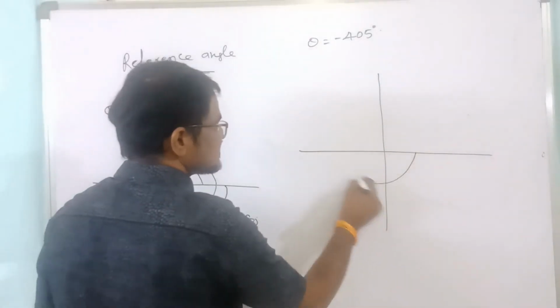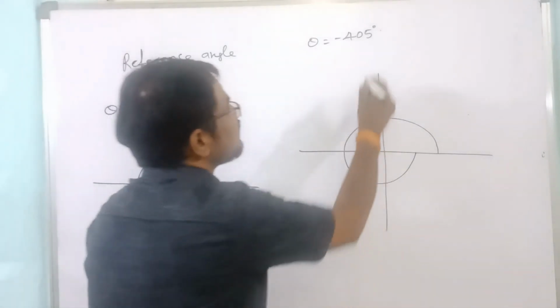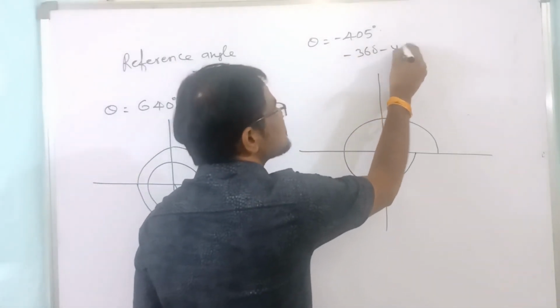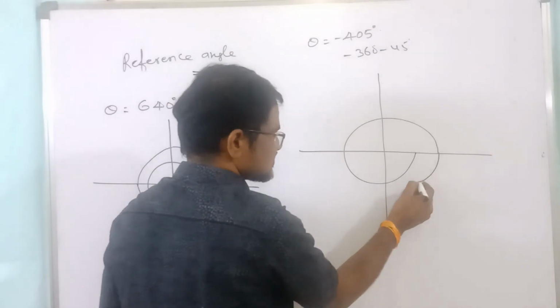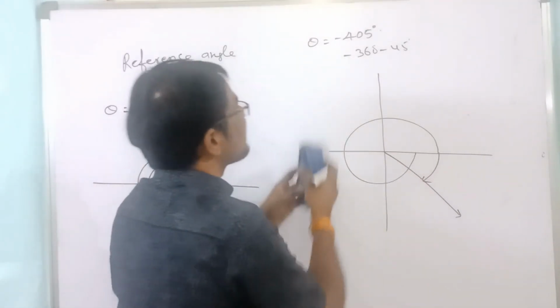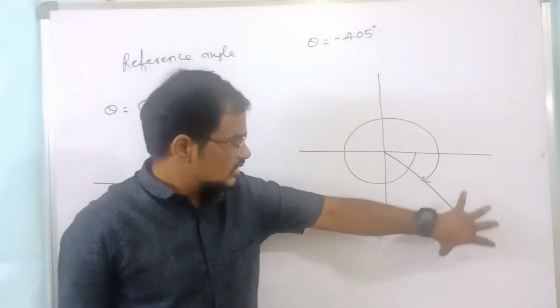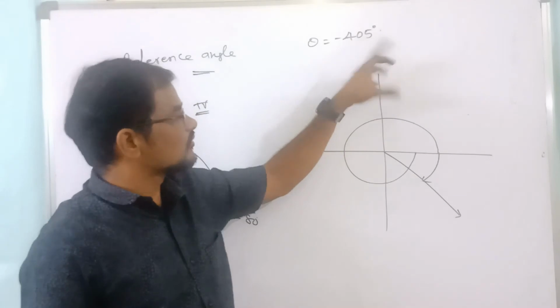So this is minus 360, minus 360 minus 45, like this. So here this is minus 405 degrees. So theta lies in which quadrant? Fourth quadrant.